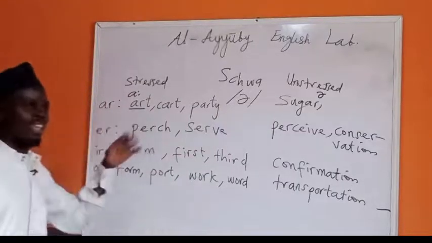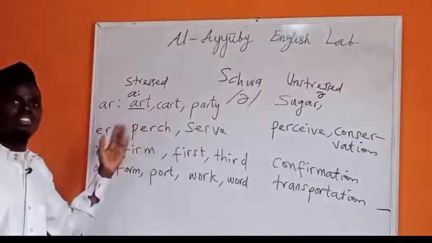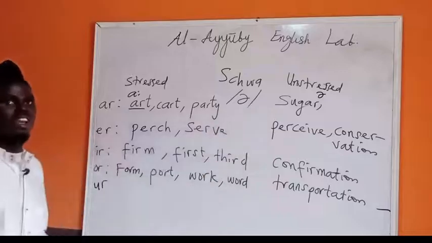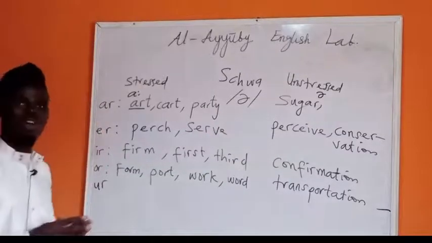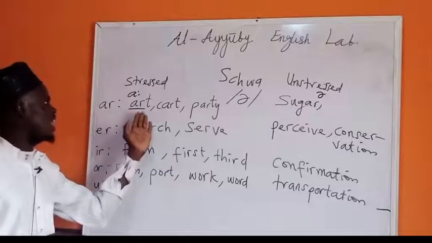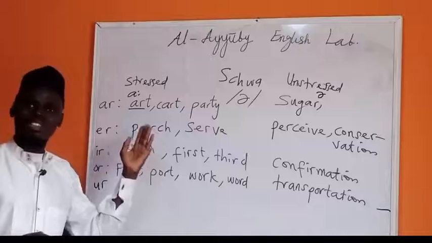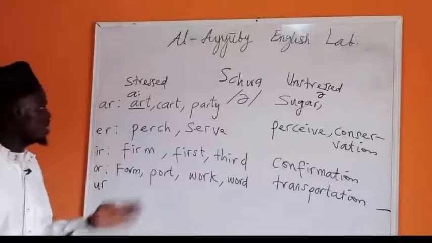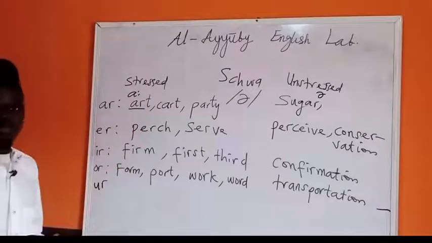Now, come with me as I unveil to you how and when we pronounce each of these as a long variant and when to pronounce it as a schwa. AR is usually pronounced as a long R, as we have in art, cart, party. But why do we pronounce the AR as a long vowel here? We pronounce it as a long vowel just because the syllable in which it is found is stressed in each of them.